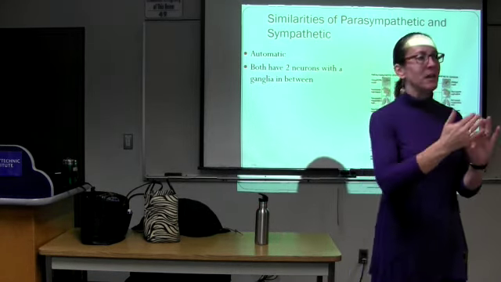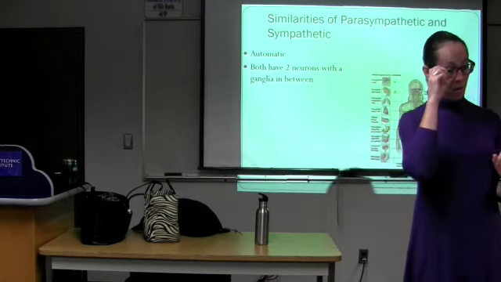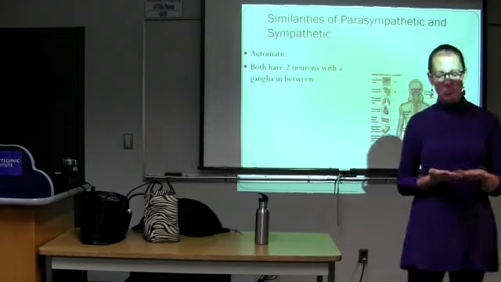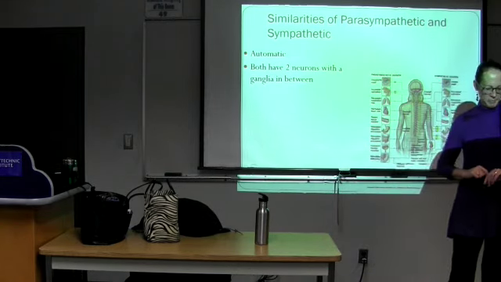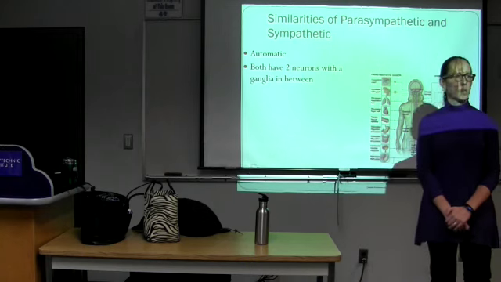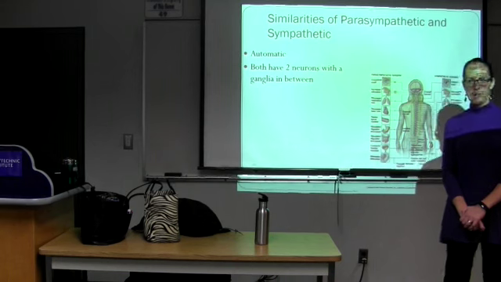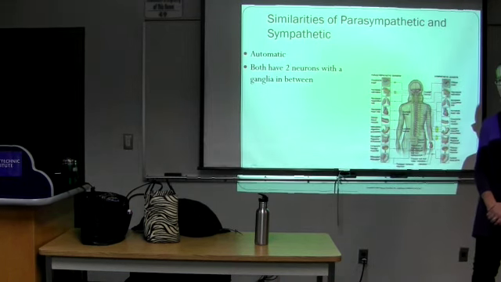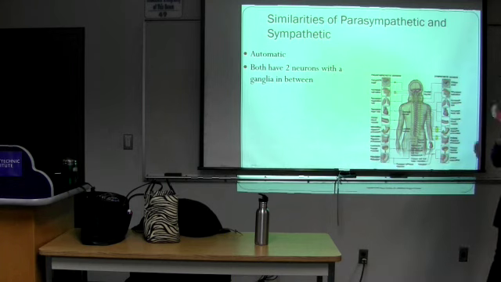So the second axon is short in parasympathetic. Okay, does that make sense? So two nerves in both. Sympathetic short first, long second, parasympathetic long first, short second.